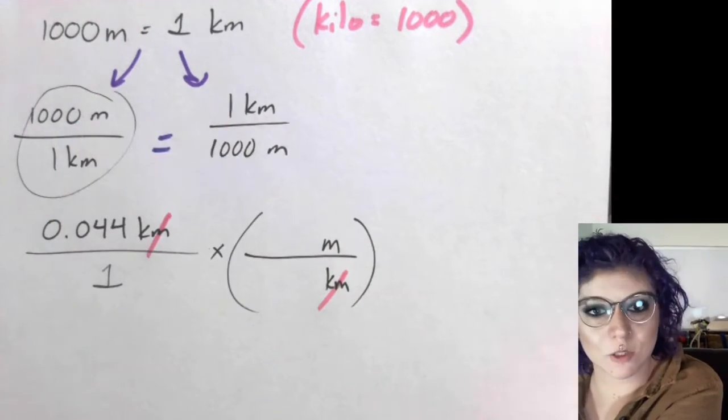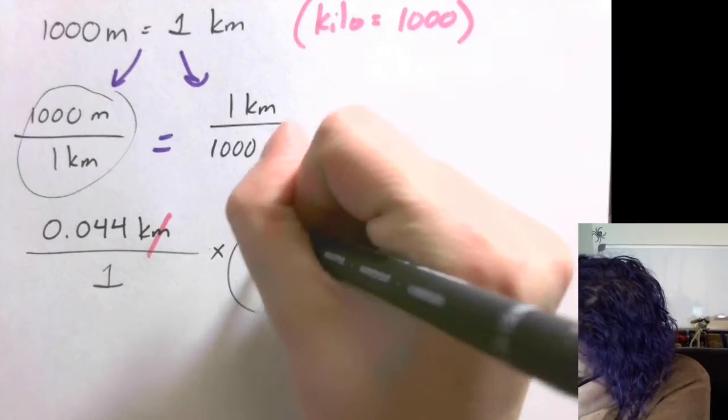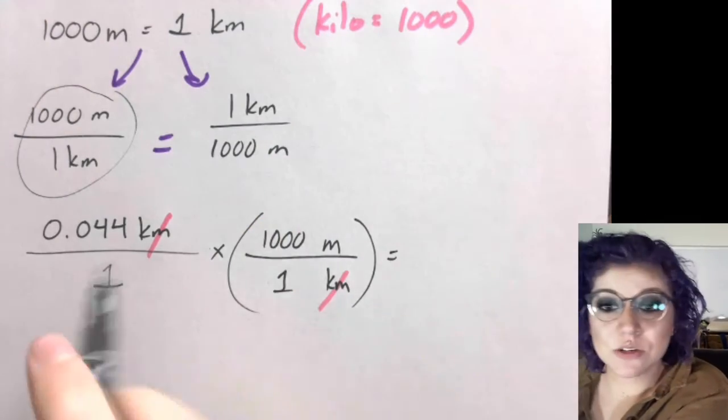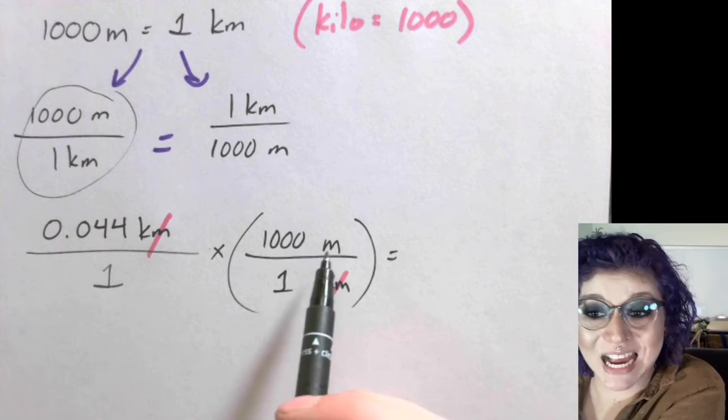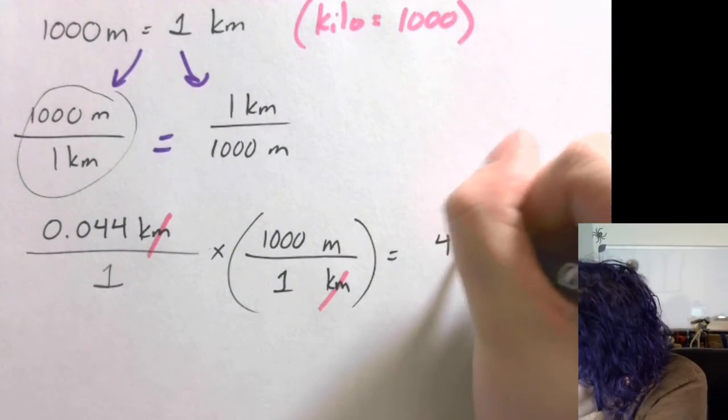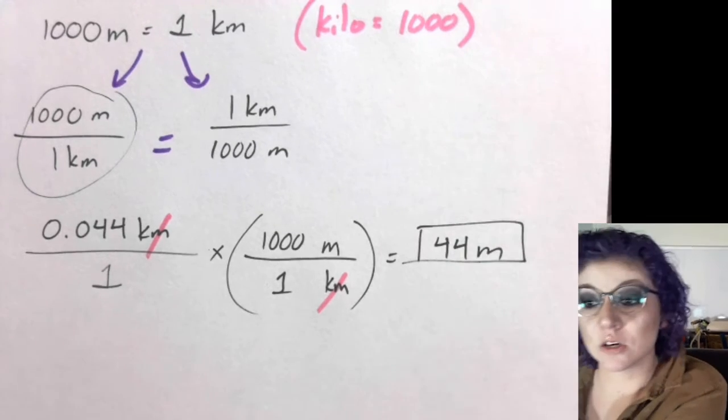That looks like this conversion factor right here. So there are 1,000 meters in 1 kilometer. When I do the math, so 0.044 times 1,000, I get 44 meters.